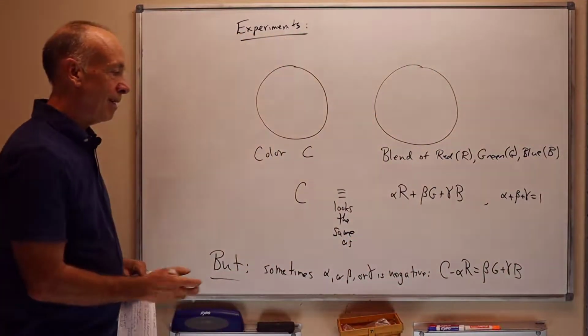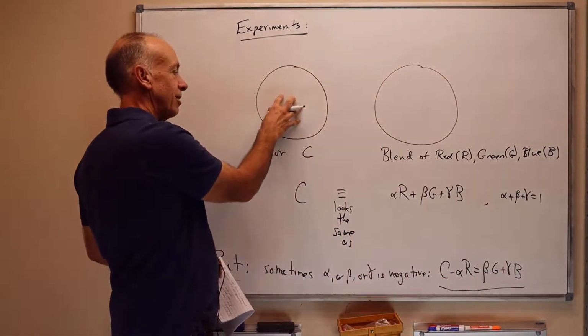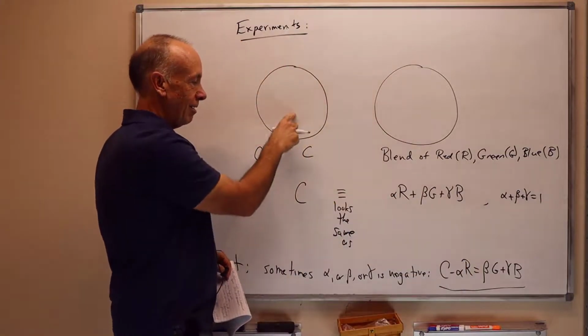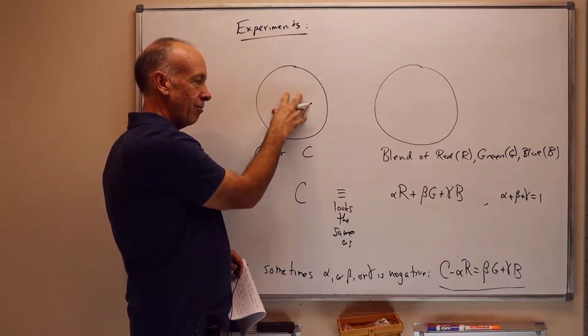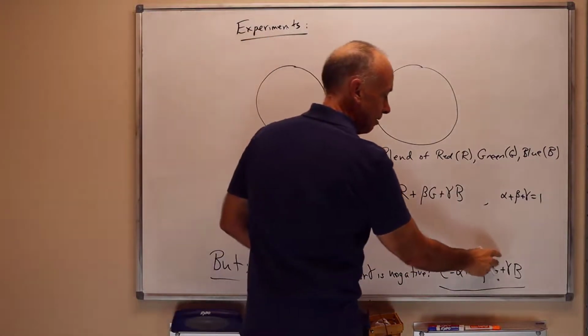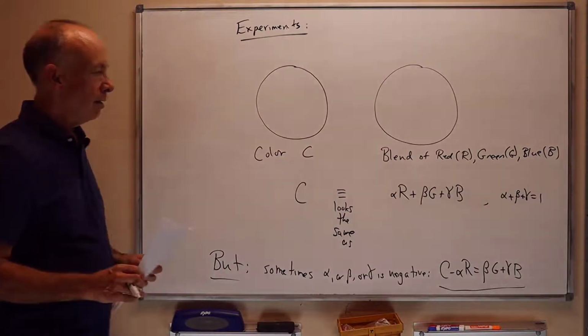And what the meaning of this equation would be is if you take the color C plus some amount of R given by minus alpha times R, shine them on the wall together, they will look the same as the mixture of G and B given by the coefficients beta and gamma.